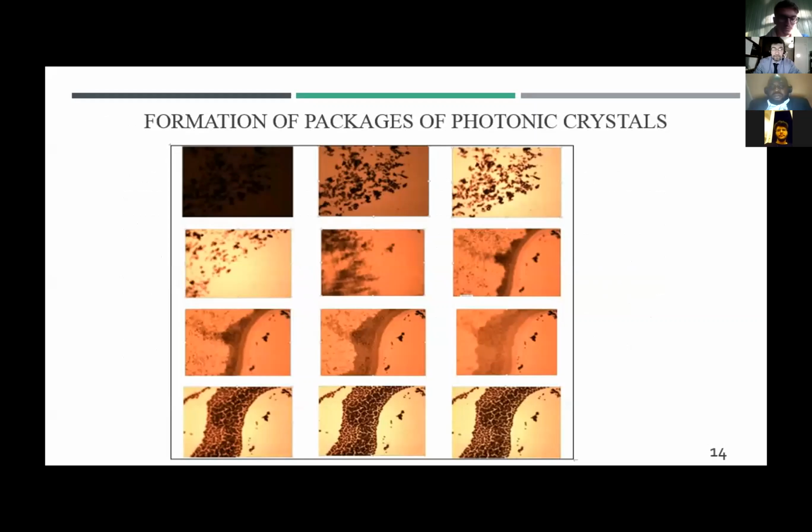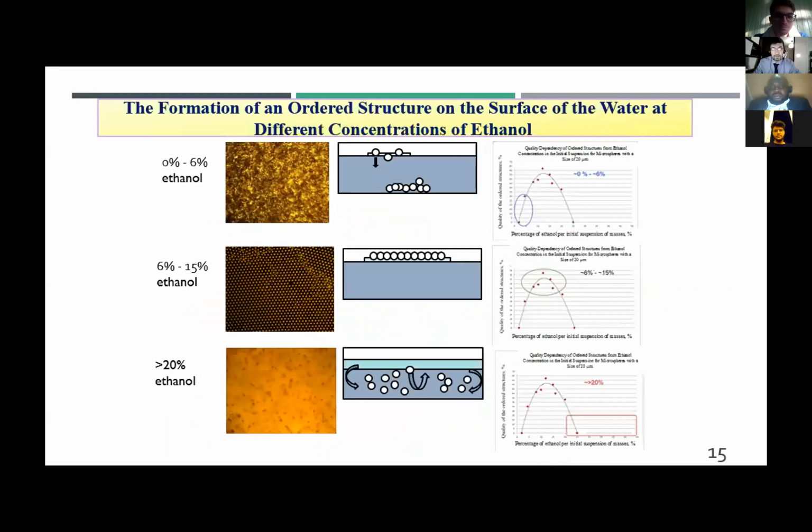Slide 14 shows the photographs of self-ordering formation of a 2D flat layer from polystyrene microspheres. So we can see now the formation of ordered structure of polymer particles on the surface of water.